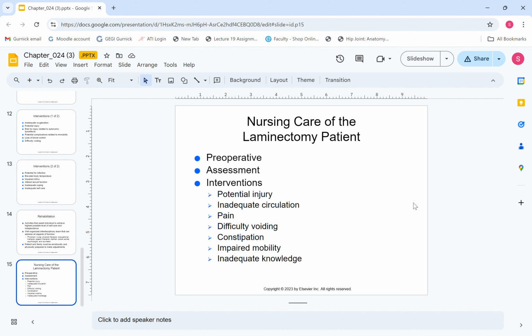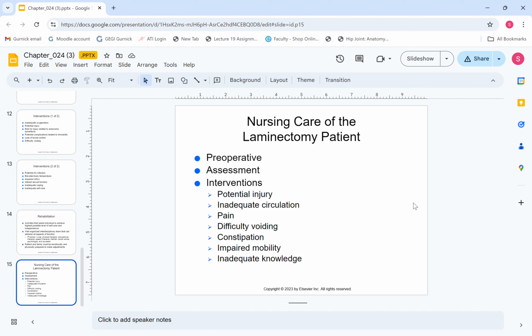So, care of the patient having a laminectomy. This is a surgery on the spine. And so, of course, we would do all of the things that we would do for any surgery patient. We're going to take vital signs before and after the surgery.